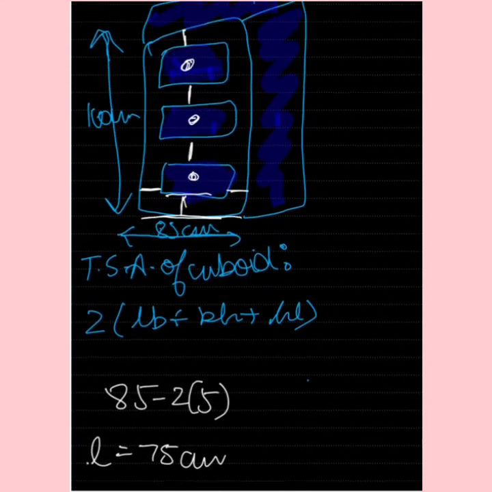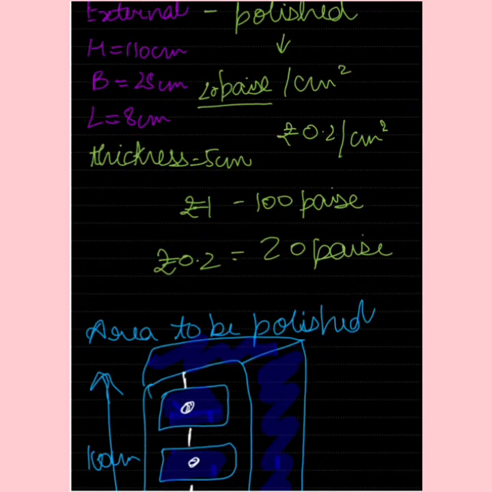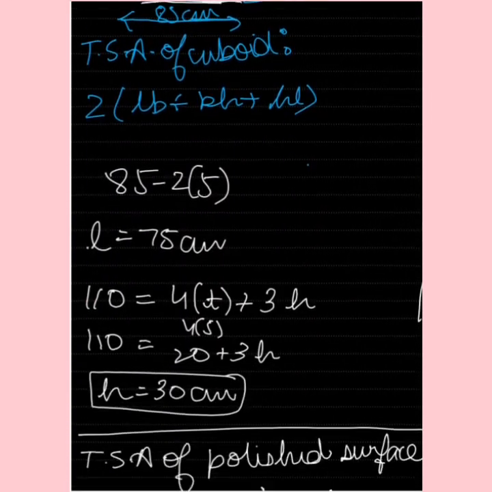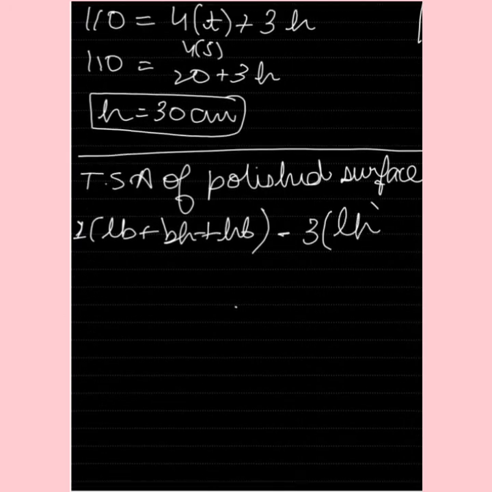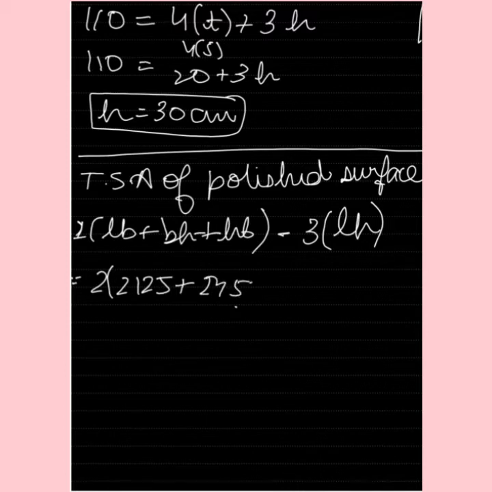Now for the front face, it is the length and this height. So length into height. Let's put the values. So twice of length into breadth, that was 85 and 25, gives us 2125. Then next breadth, that was 25, and height, that was 110, gives us 2750.